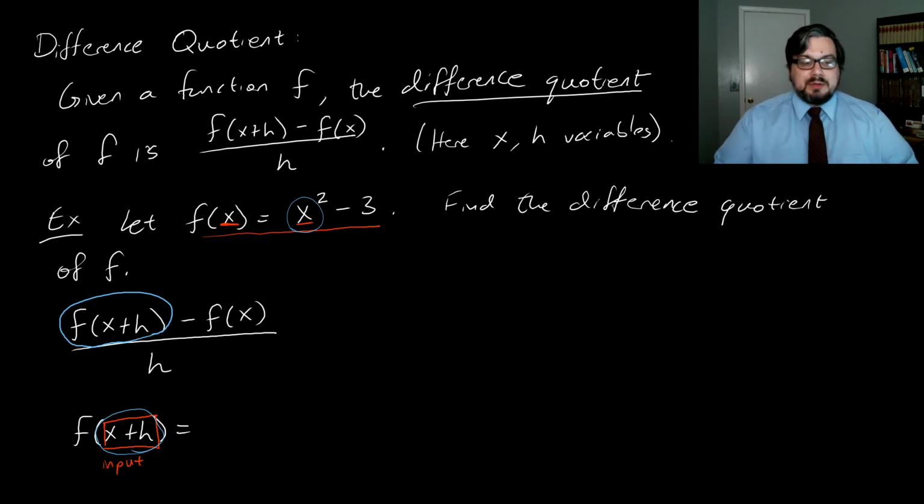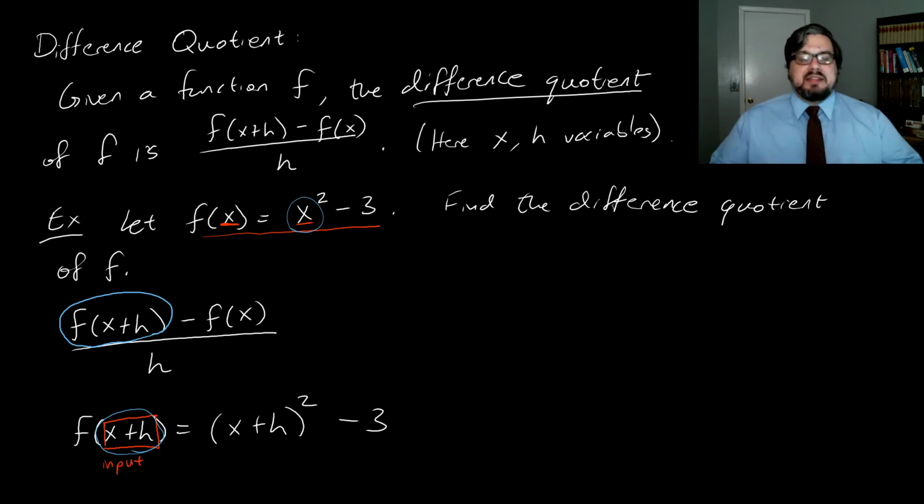Whatever's inside the parentheses, no matter how complicated it is, takes the place of this x term right here. So f of x plus h gives us x plus h squared minus 3. So I just took my x and replaced it with x plus h. And that's all that it is.